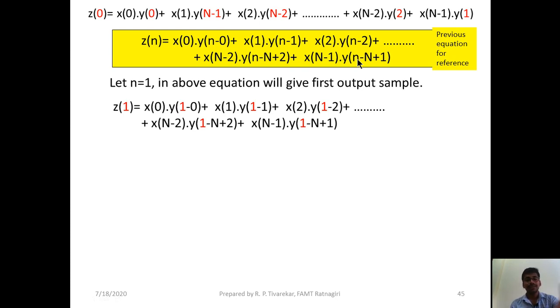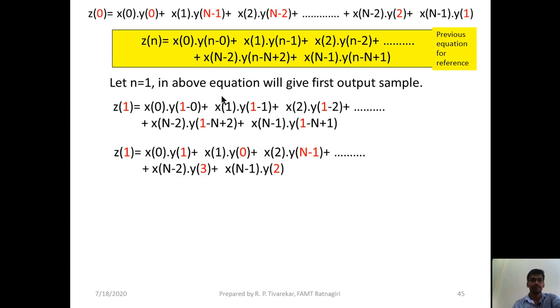And now if I simplify this again, I will have x0 y1 plus x1 y0 plus x2 y of n minus 1 and so on. What happens here is, here I have y0, y of n minus 1, y of n minus 2, and here I have y1, y0, y of n minus 1 and so on.